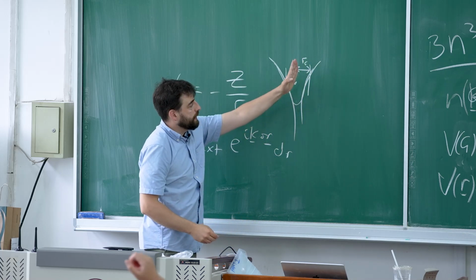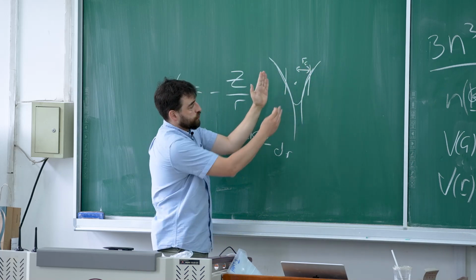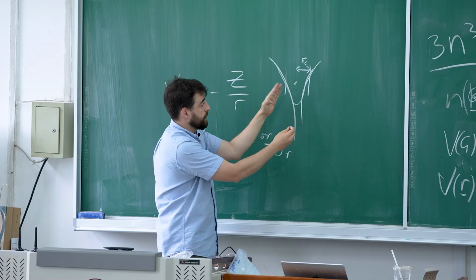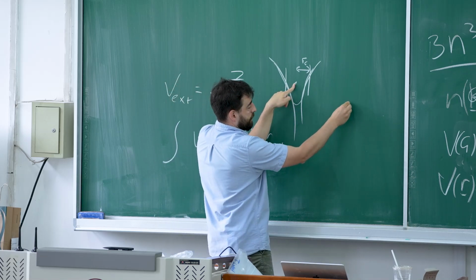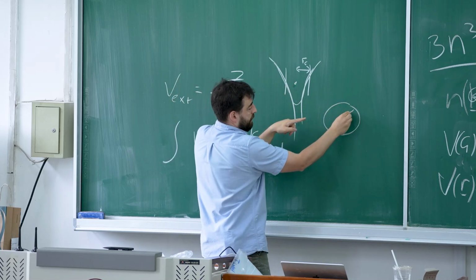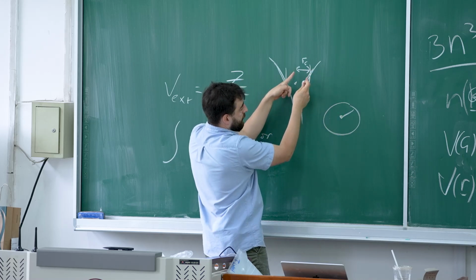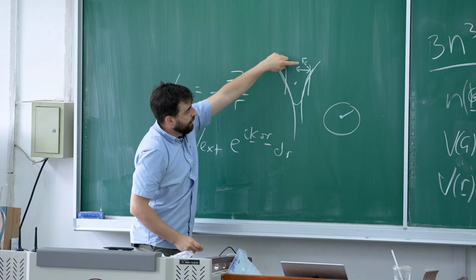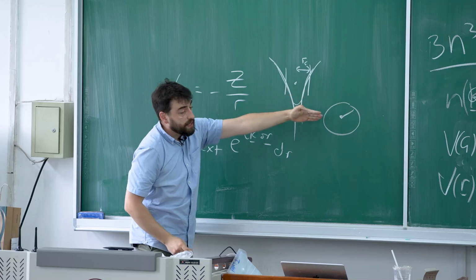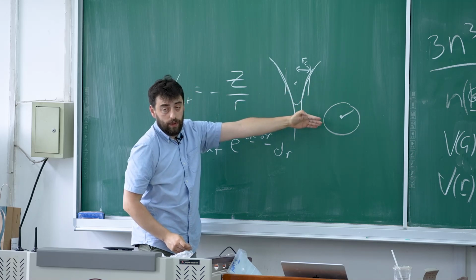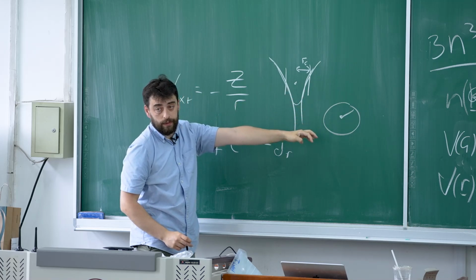What we do is we say, within this sphere, so this is an atom with a sphere around it, and that's RC, we say within that sphere, we don't have any chemistry going on.